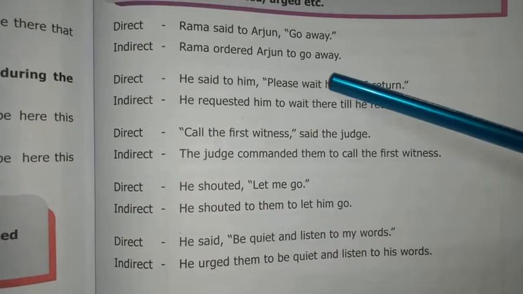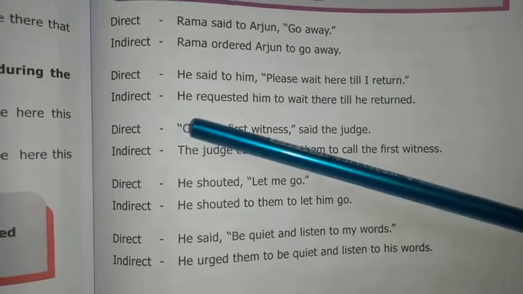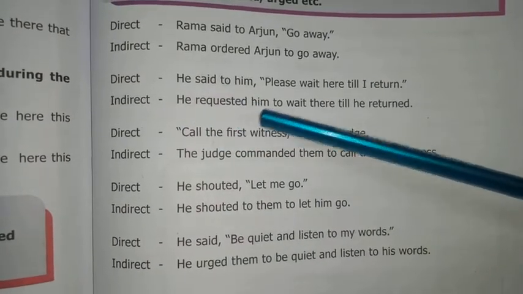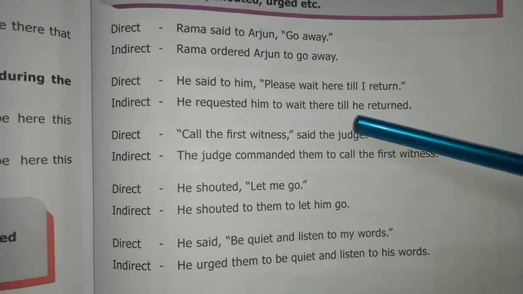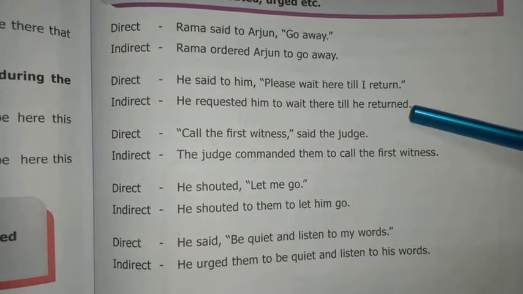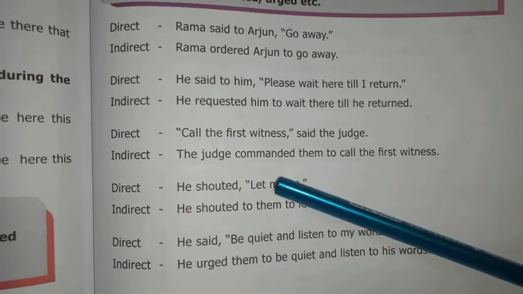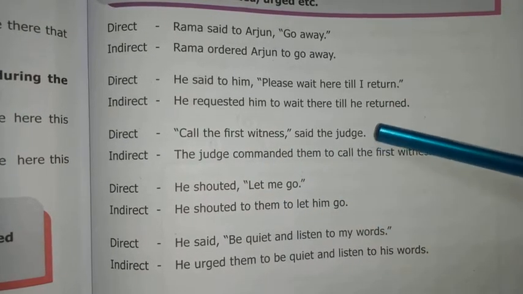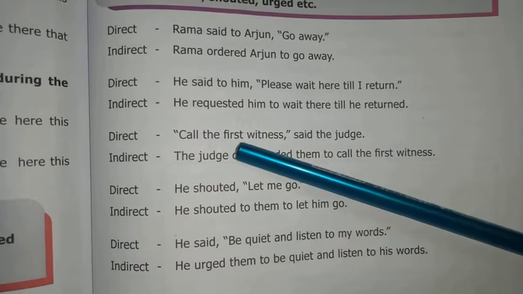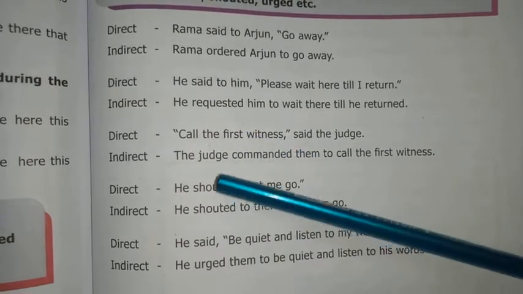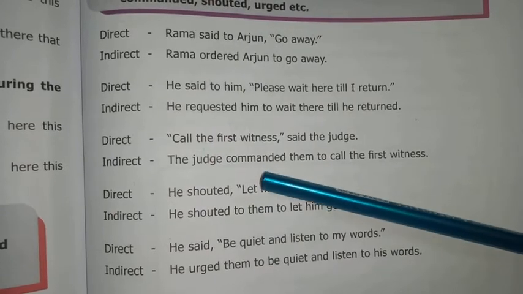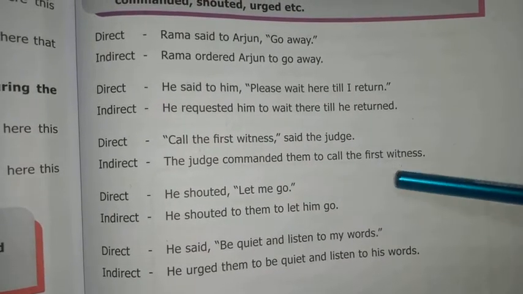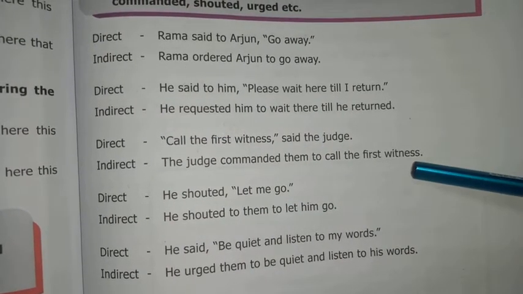Yes, here it is a request. So, he requested him to wait there till he returned. Yes, the next one. "Call the first witness," said the judge. Here it is a command. So, the judge commanded them to call the first witness.